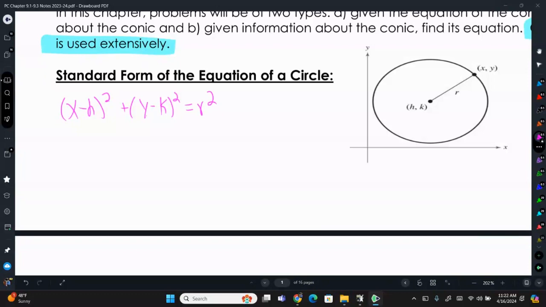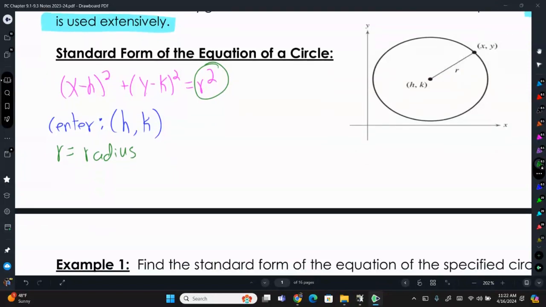Same idea here, where our center is going to be at h comma k, the opposite of what we see in our parentheses, and the r value is the radius. So a lot of people will forget to take the square root of that value to get the radius. And then x and y, this is a little bit new for this year, x comma y is a point on the circle.